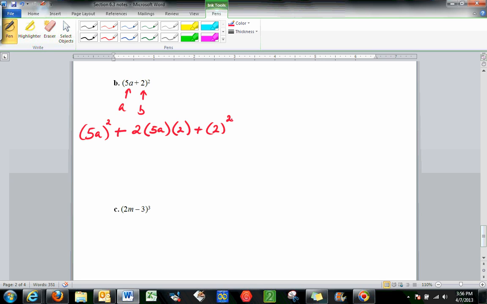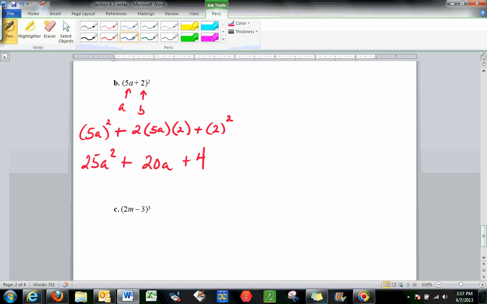And then we would simply need to simplify the terms, so (5a) squared would be 25a squared plus, and then 2 times 5 times 2 is going to give me 20, and then of course we have an a variable in there, and then plus 4. And of course that is the pattern.